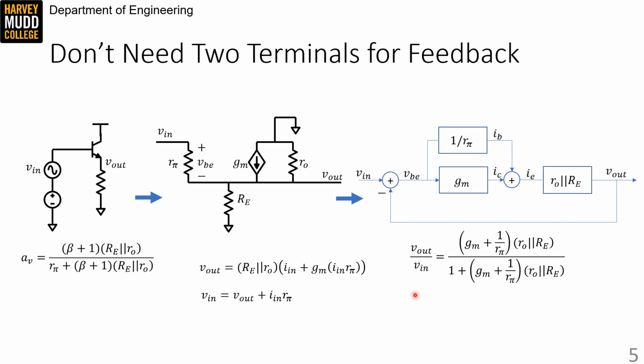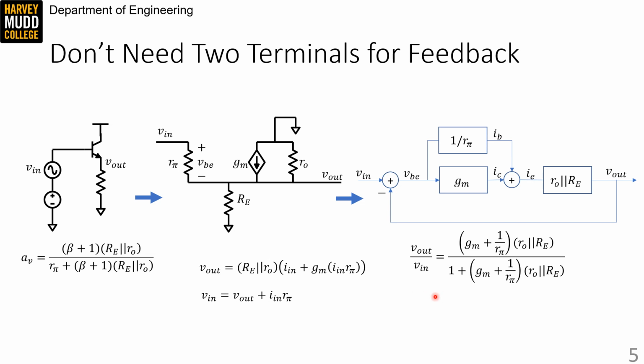So this feedback model is accurate in representing the amplifier's operation. That's awesome. It's even more awesome because you can use it to find R in and R out if you think about your feedback analysis carefully, and I'll leave that as an exercise for the reader. So this is cool. It tells us our emitter follower has feedback inside of it, and we can use feedback analysis to understand its operation.